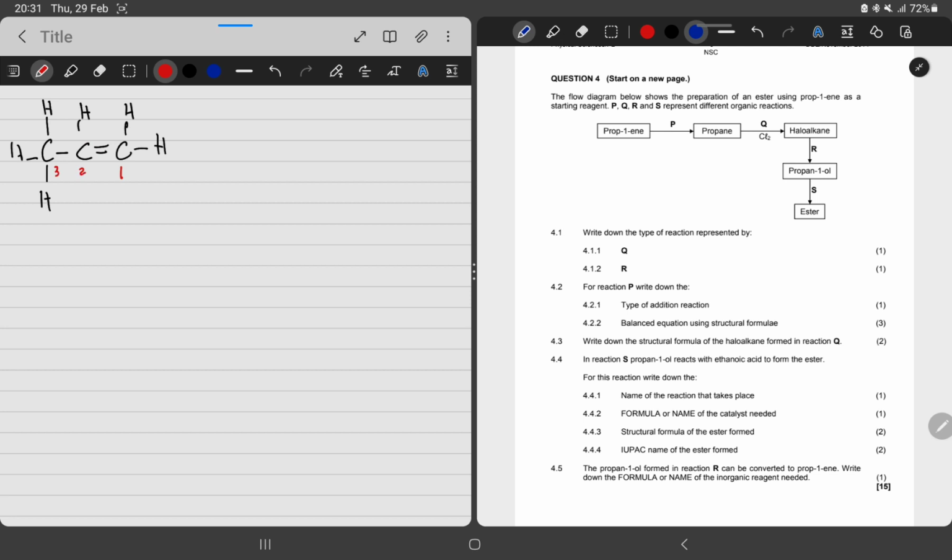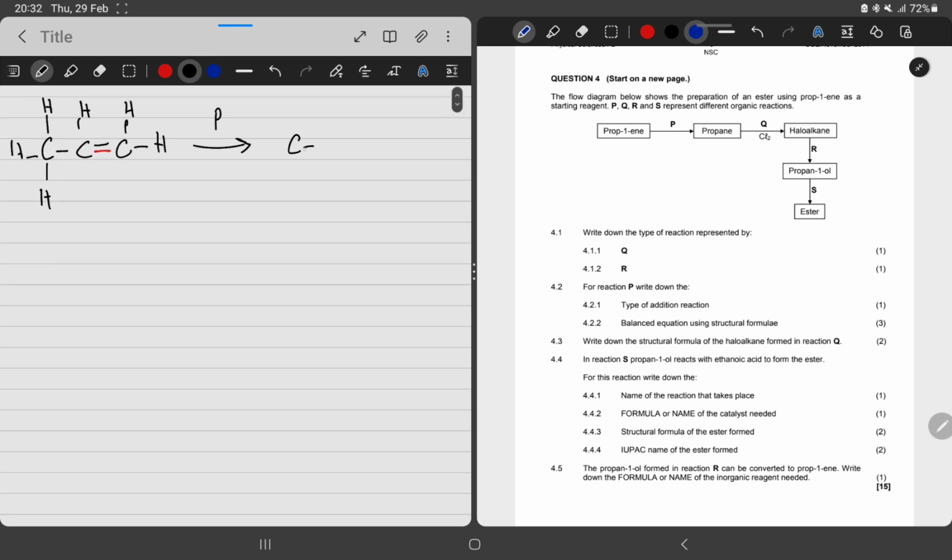And then at carbon number 1, we must have what? The multiple bond. Okay, so this, it undergoes reaction P to produce what? Propane. We have an alkane with 3 carbon atoms.